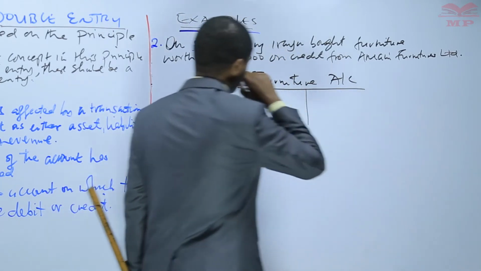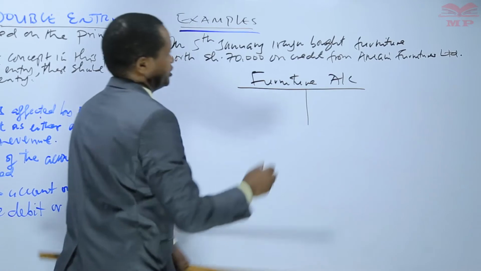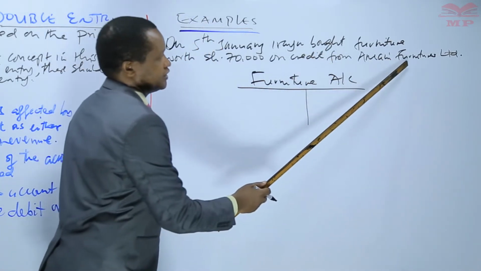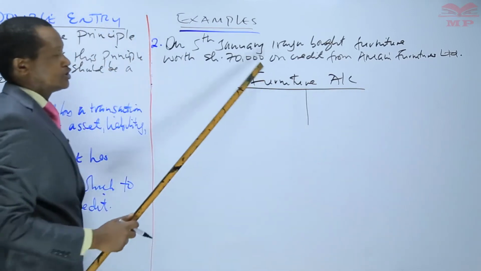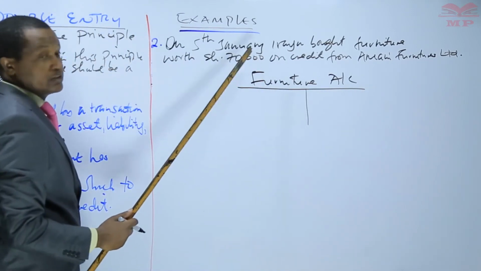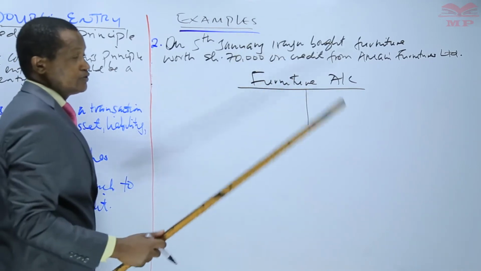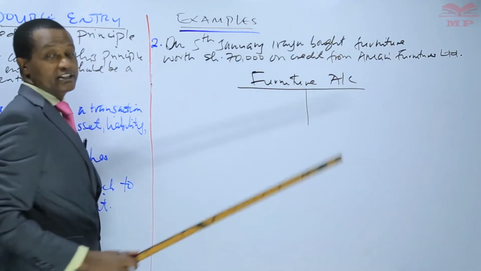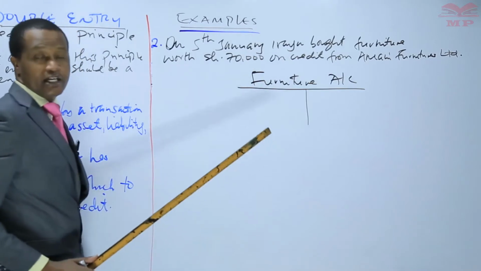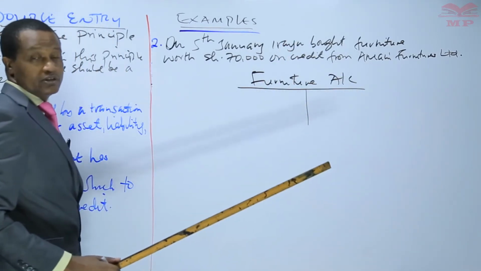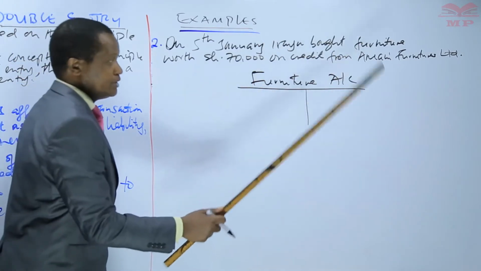Then we have another account known as Amani Furnitures Limited. He bought furniture on credit. When you buy goods on credit from a supplier, then that supplier is a creditor, and creditors is an account that falls under liabilities.